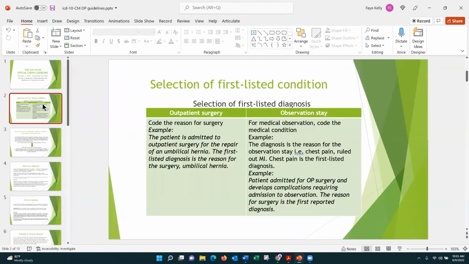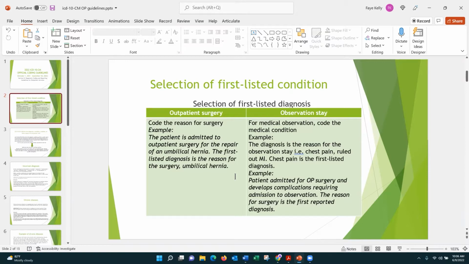Okay. The first guideline when we go into this section is the selection of first listed condition. Now, I've summarized it here for you. The guideline itself says in the outpatient setting, the term first listed is used instead of principal.